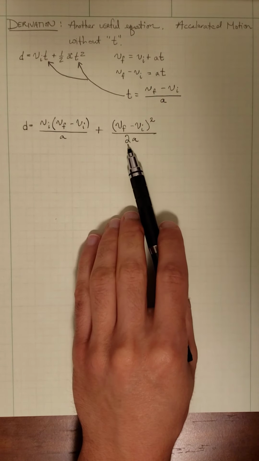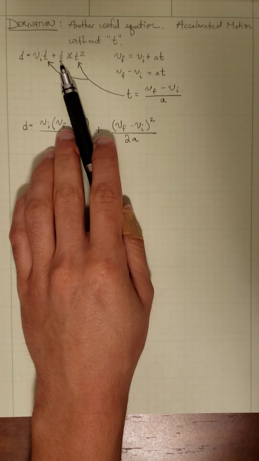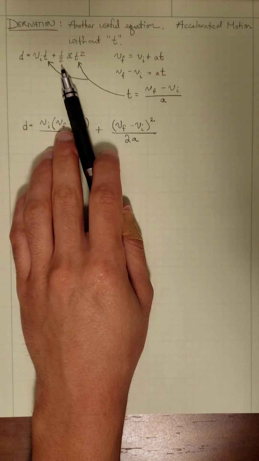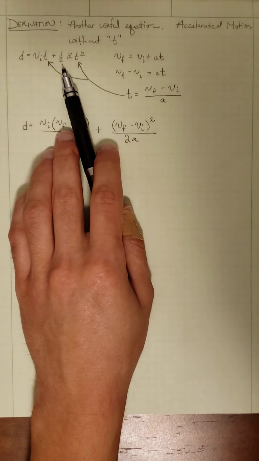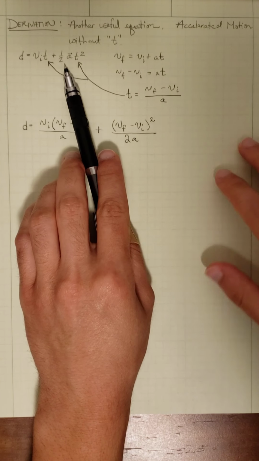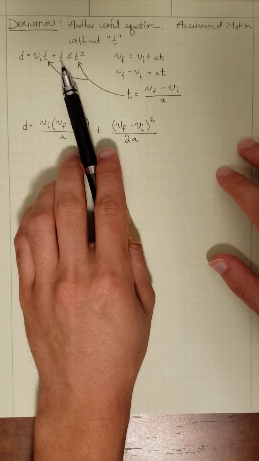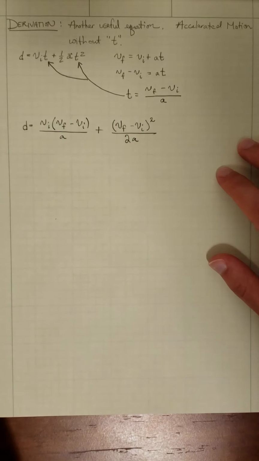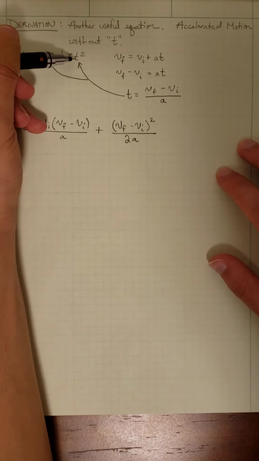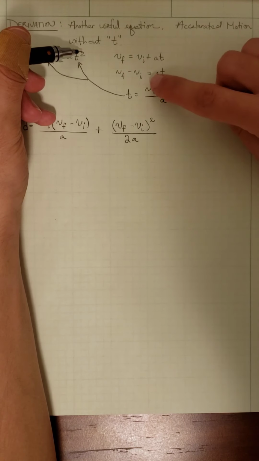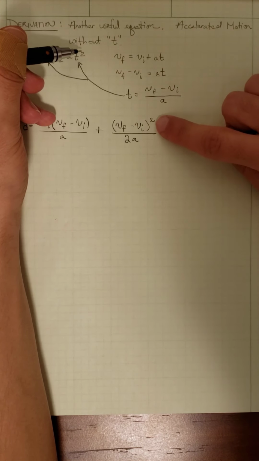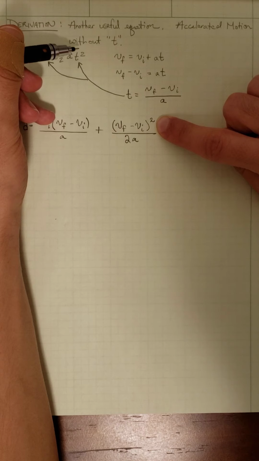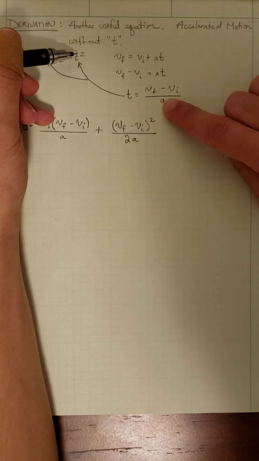Okay, well, it's over 2 because of the 1/2. And now there's a little bit of goofing going on, because we have t squared, which would be vf minus vi, the quantity squared, over a squared.